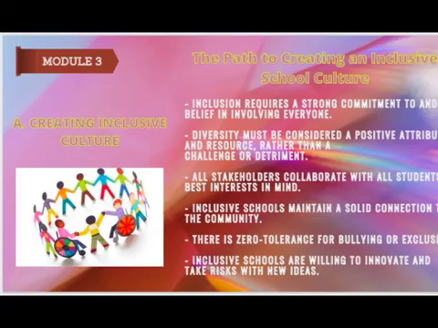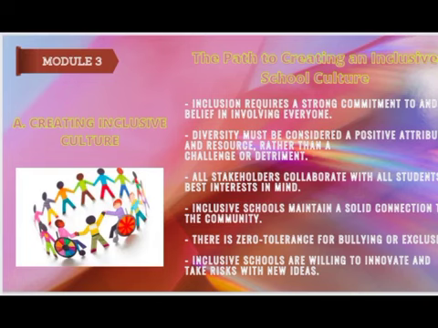In inclusive culture, the path of creating an inclusive school culture: Inclusion requires a strong commitment to and belief in involving everyone. Diversity must be considered a positive attribute and resource rather than a challenge or detriment. All stakeholders collaborate with all students' best interests in mind. Inclusive schools maintain a solid connection to the community. There is zero tolerance for bullying or excuses.